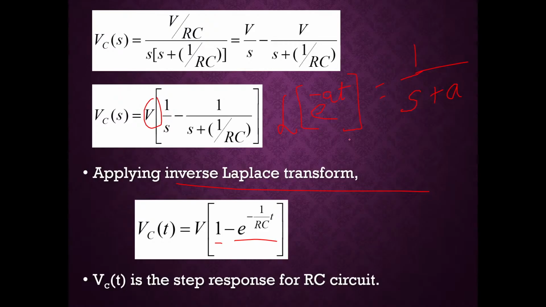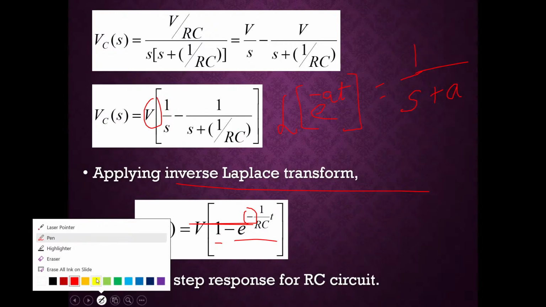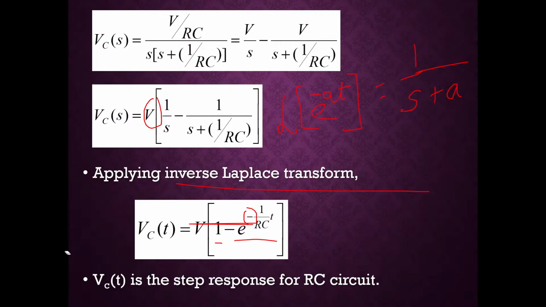Here S plus 1 by RC is there, so a is 1 by RC, and the exponent is minus 1 by RC t. Similarly, Laplace of e power at is equal to 1 by S minus a.